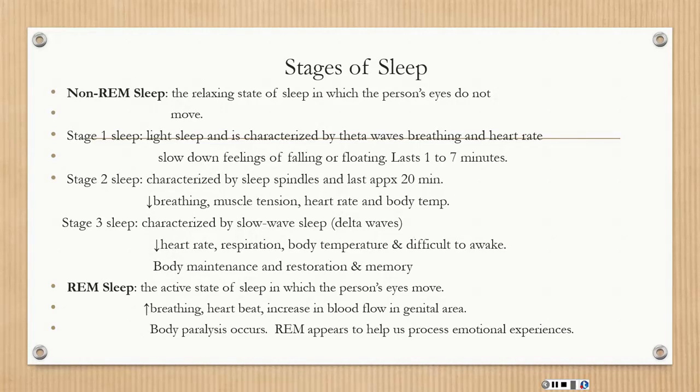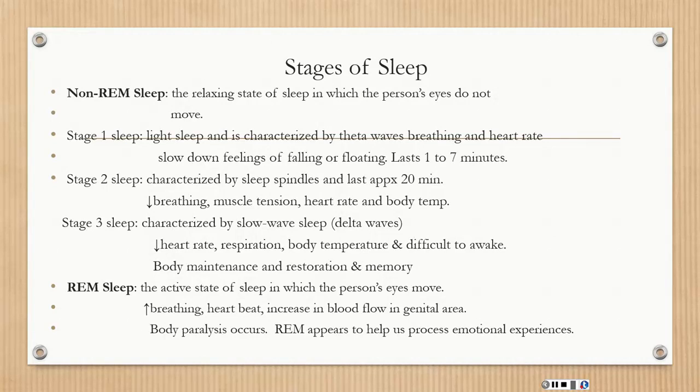From there, we enter into stage 1. Stage 1 of sleep is a light sleep that's characterized by theta waves. Theta waves again reflect that we're in a place where we're having light sleep. You'll commonly experience the feeling of falling or floating. Some people even may have some form of mild hallucination.